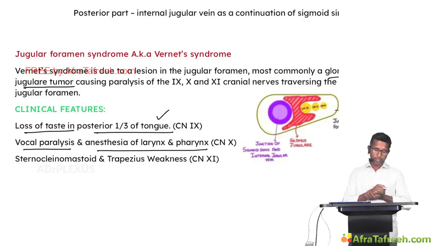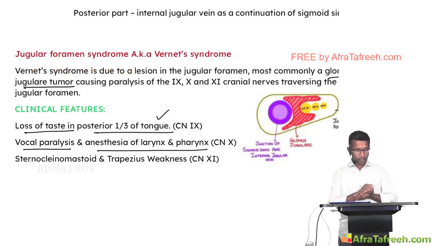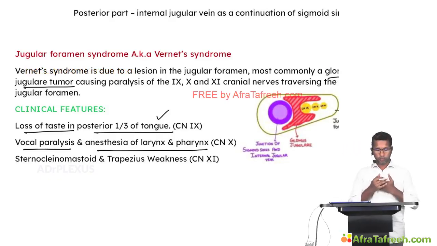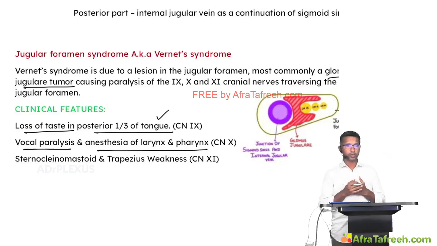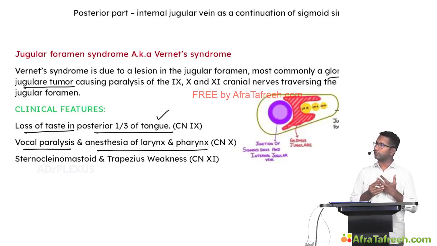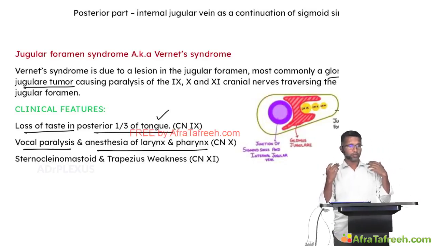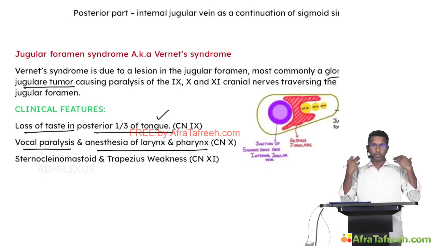We will see in detail about these areas tomorrow. The 11th cranial nerve supplies the sternocleidomastoid and the trapezius muscle. When the sternocleidomastoid becomes weak, you will have difficulty in turning your head, and when the trapezius becomes weak, you will have difficulty in shrugging your shoulder.